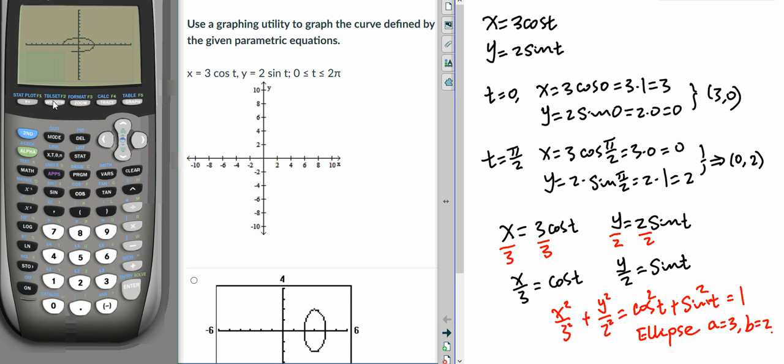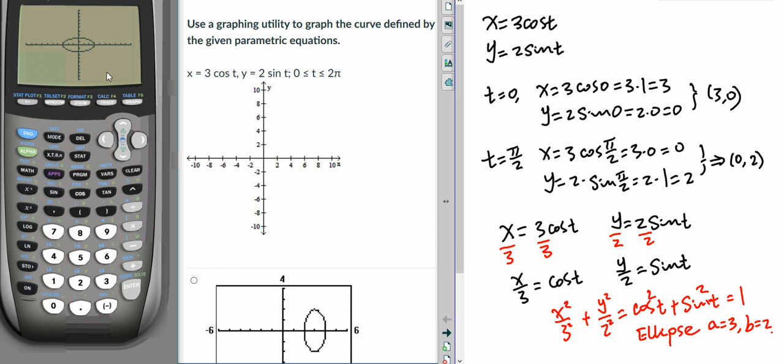Because the window size you set up is -2. So what you should do is 0, and then here you do 2 pi. Where is pi? The pi value is right here, second here. And then when you graph, you get an ellipse.